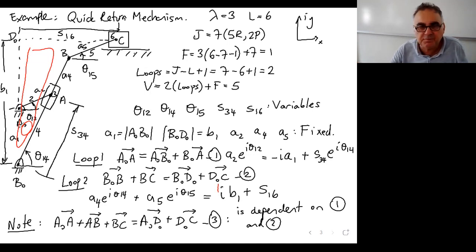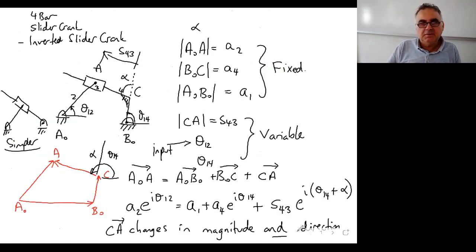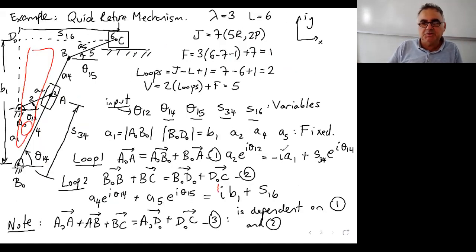For example, for this case, let's say that this is our input. If theta 1, 2 is given, then you have to find 4 variables in this case. Or in the case of, let's say, inverted slider crank, you have to find 2 variables with 1 loop equation. Or with 2 loop equations, you have to find 4 variables.